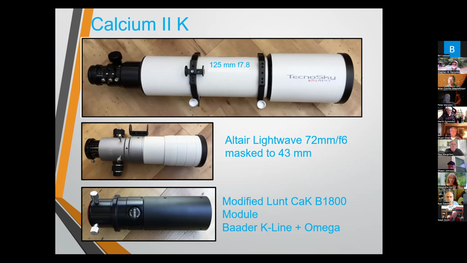Well, I don't know because I've stripped out everything, so it's not really a LUNT calcium K module anymore. It's just a housing with the LUNT yellow filter at the back. Right. But I do still have some, as you say, ghosting. It's more a brightening on one side of the limb.